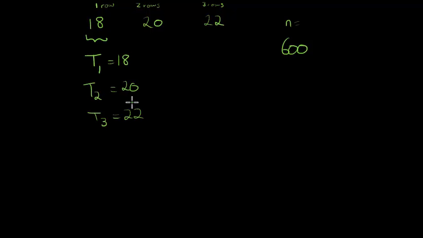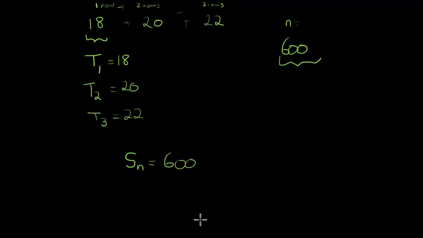In other words, row 1 plus row 2 plus row 3. So is 600 Tn? Close. That is exactly what we were testing in the question. Do you know what the 600 represents?